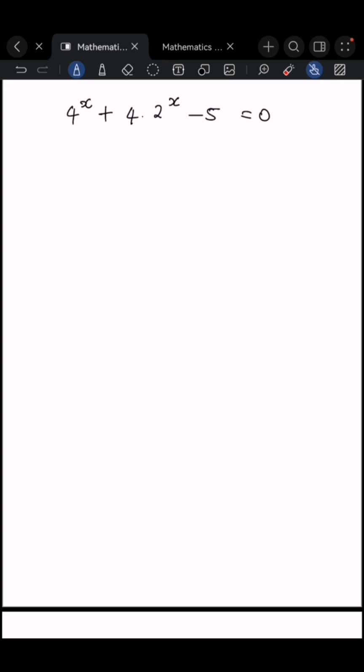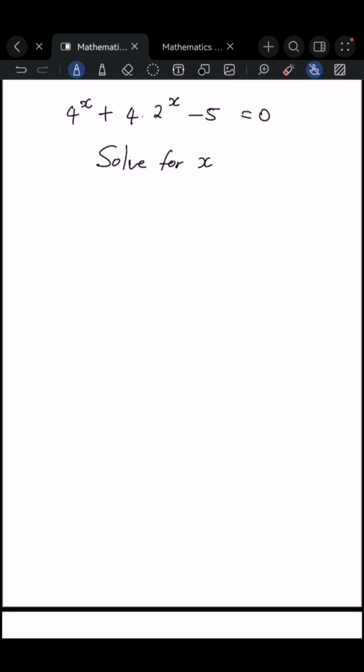All right. I don't know if I see the question correctly, but as far as I can see it, it is 4 raised to the power of x plus 4 times 2 raised to the power of x minus 5 is equal to 0. And it says we must solve for x. This one is very straightforward.